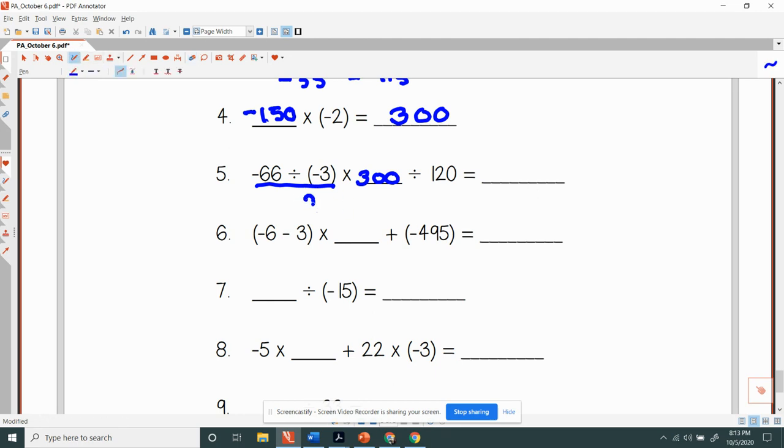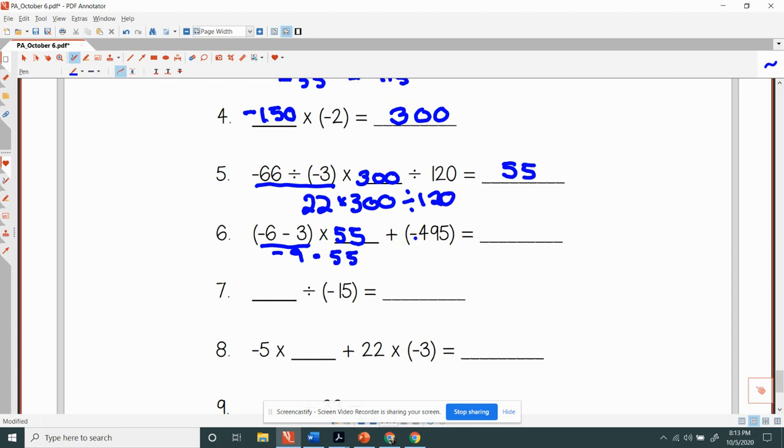So now we have 22 times 300 divided by 120, and that will equal 55. Remember, I've got all positive numbers down here, so this is going to be positive. Put the 55 there. Work in the parentheses first. Negative 6 minus 3 is negative 9 times 55.